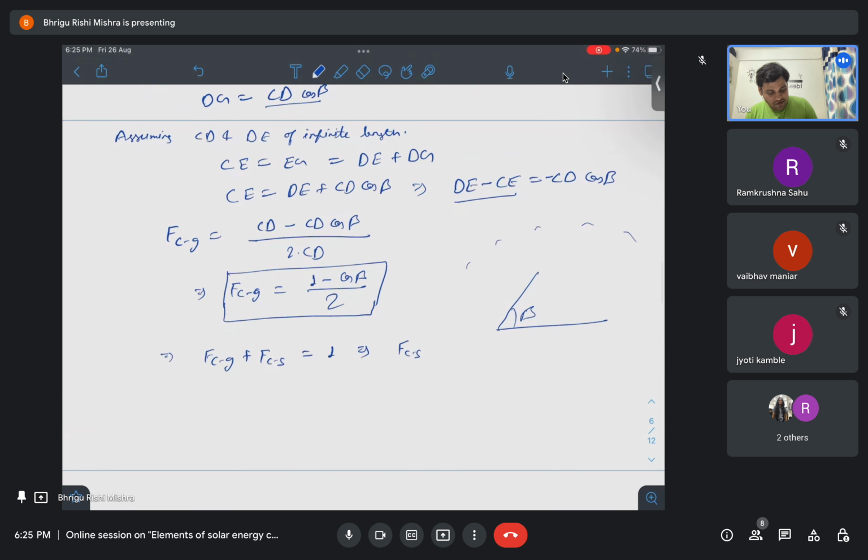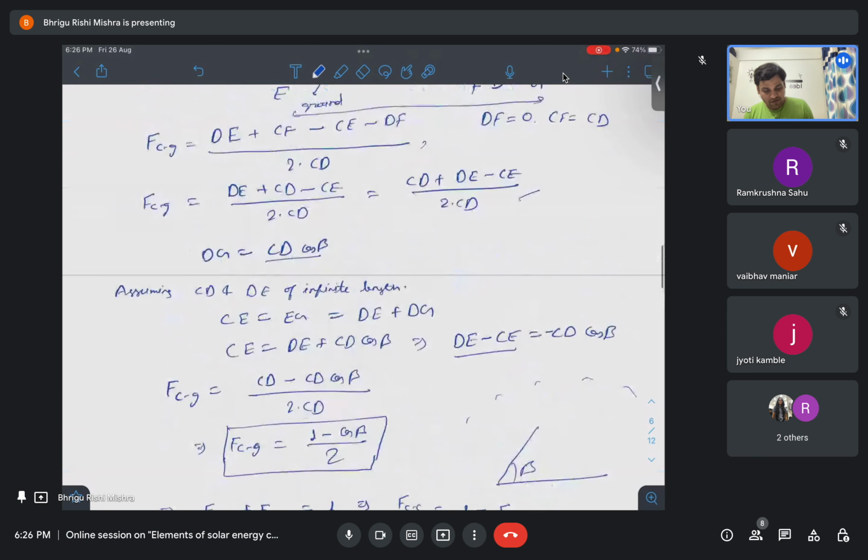Okay, so FCS will be 1 minus FCG, and this is nothing but 1 minus (1 minus cos beta by 2), and if you solve it you will get FCS equals 1 plus cos beta by 2. So this is the view factor from collector to sky.